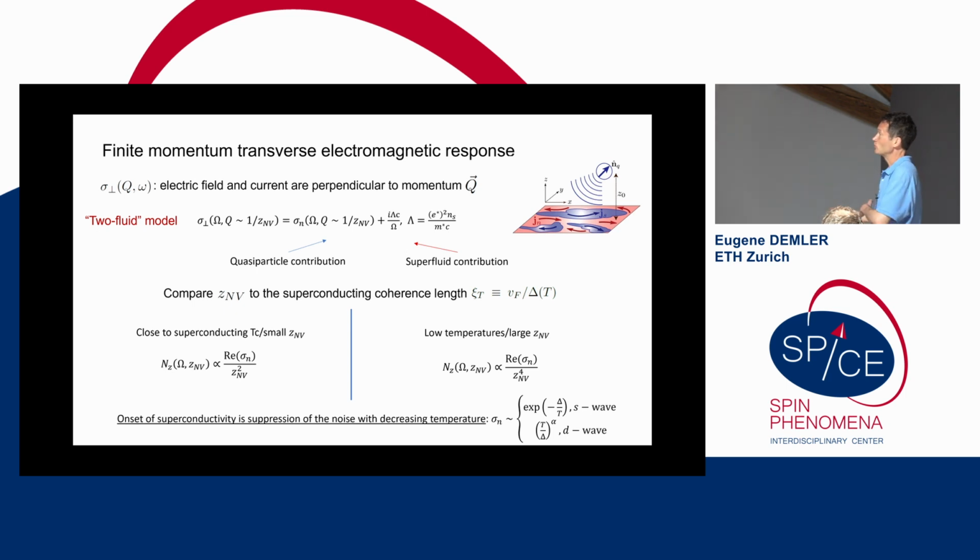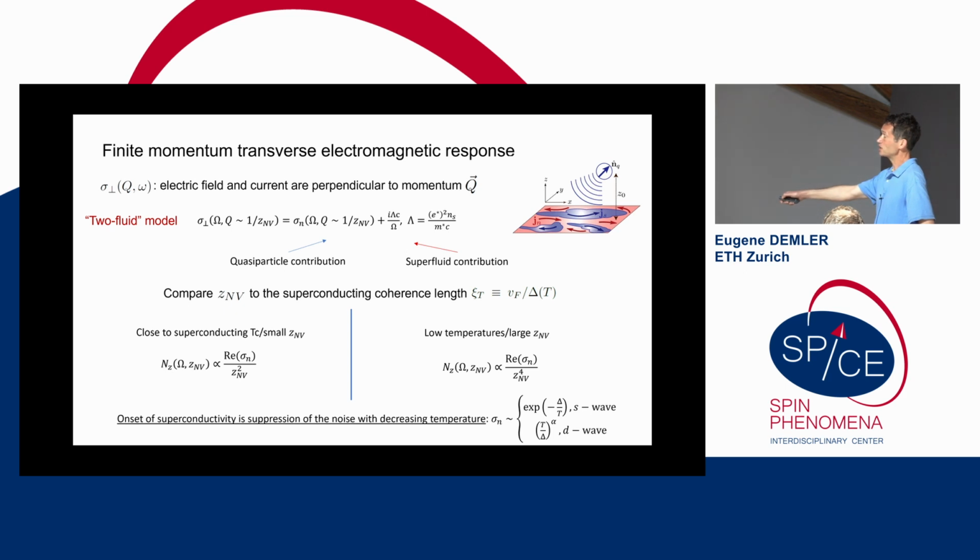Basically, instead of Ohm's law, where velocity is proportional to electric field, in the case of superconductors, it's acceleration which is proportional to electric field. But we still have some quasi-particles which provide the diffusive part of the transport. And this diffusive, lossy part is very sensitive to the symmetry of the order parameter.